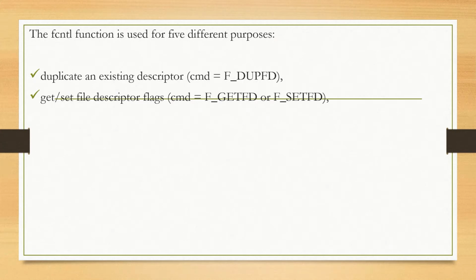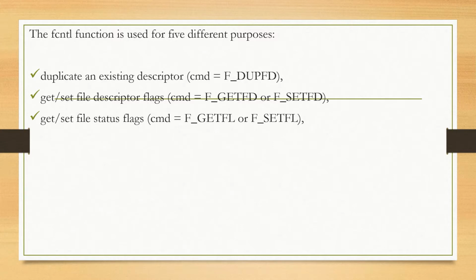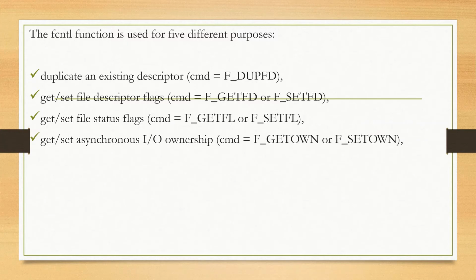The second one, get or set file descriptor flags, that is cmd equal to F_GETFD or F_SETFD. F_GETFD returns the close on exec flag of a file referenced by the file descriptor.